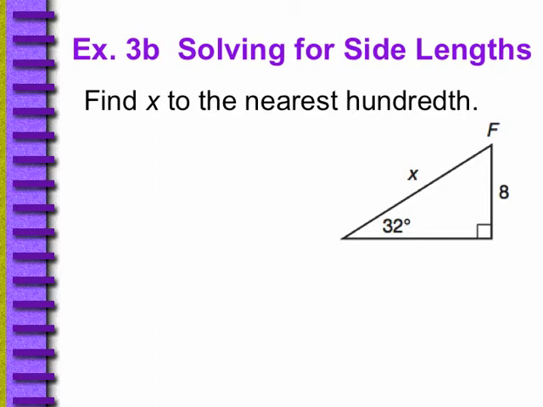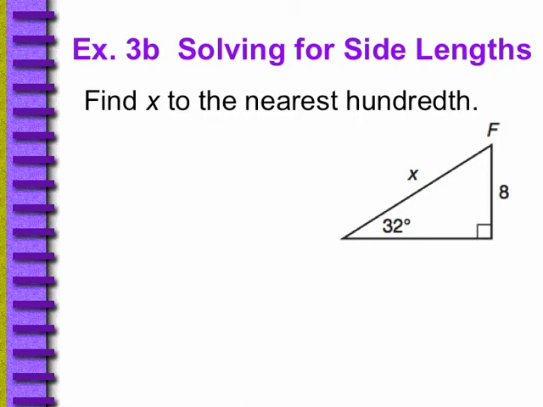So here we have another right triangle, and we're asked to find x, which is the hypotenuse of this right triangle. Remember, one of our essential questions was, why can't we just use the Pythagorean theorem? Well, we could if we knew the two leg lengths, but we only have one leg length here. We only know the height of this triangle is 8. We have the angle of 32 degrees. We're missing the hypotenuse.